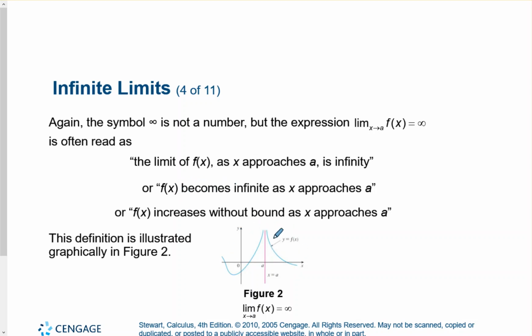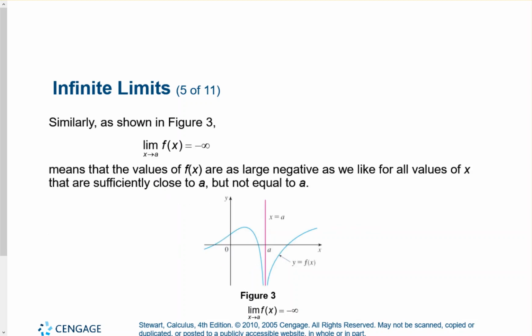In this diagram we see that at x equals a there's a vertical asymptote, and again we have the function approaching infinity as x approaches a. Likewise, if we have a vertical asymptote and we see the function is going infinitely in the downward direction, we could say that the limit as x approaches a of the function is equal to negative infinity.